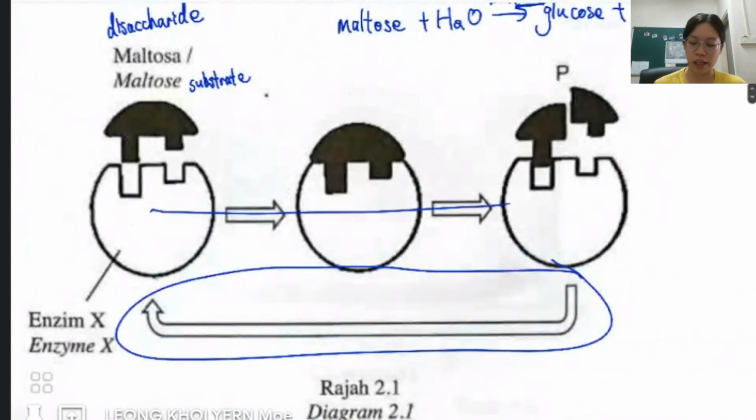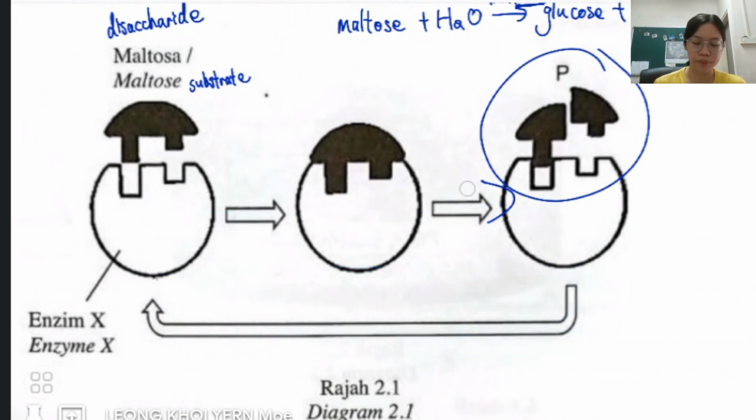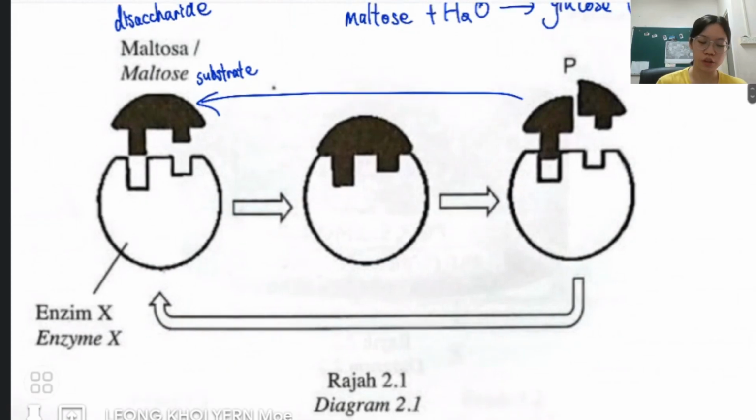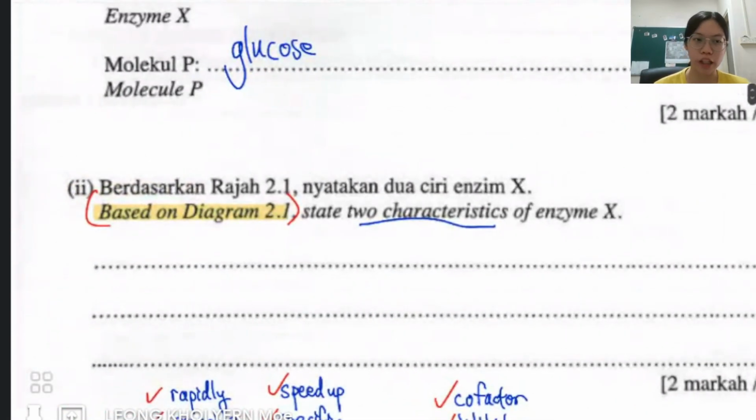Since it hydrolyzed into two molecules of glucose, it can be a reversible action. It can reverse back and form maltose again through the condensation process. So this is called a reversible action, and this is one of the characteristics of the enzyme.